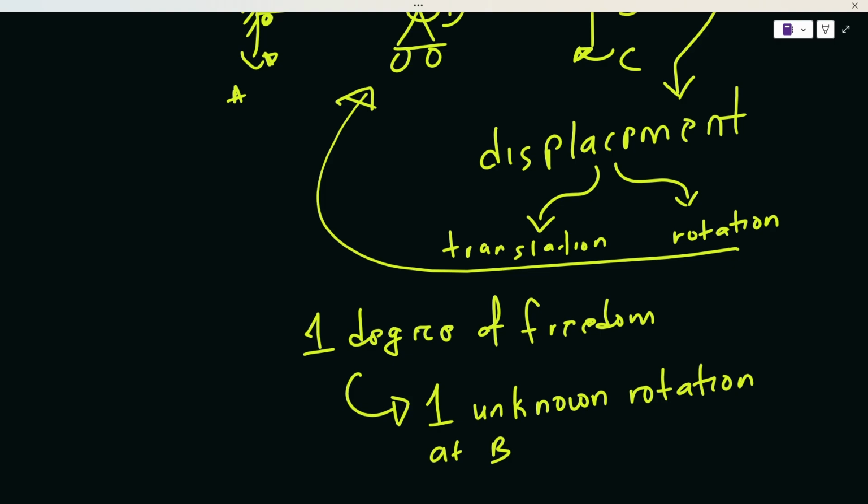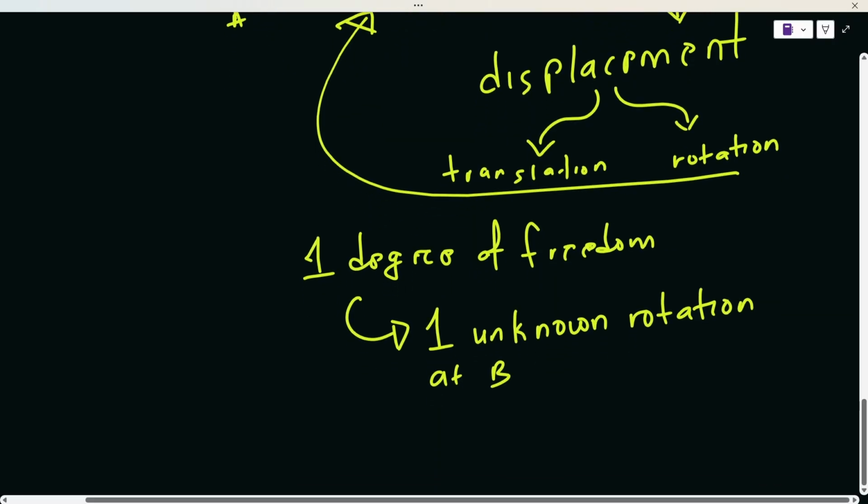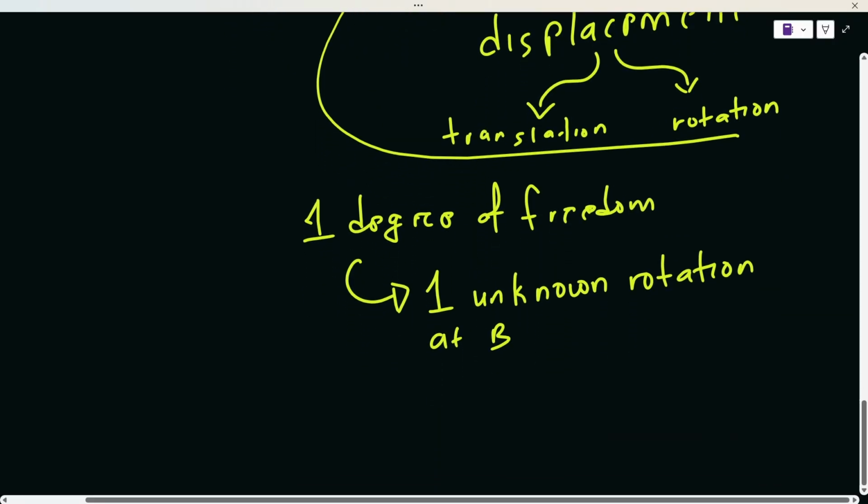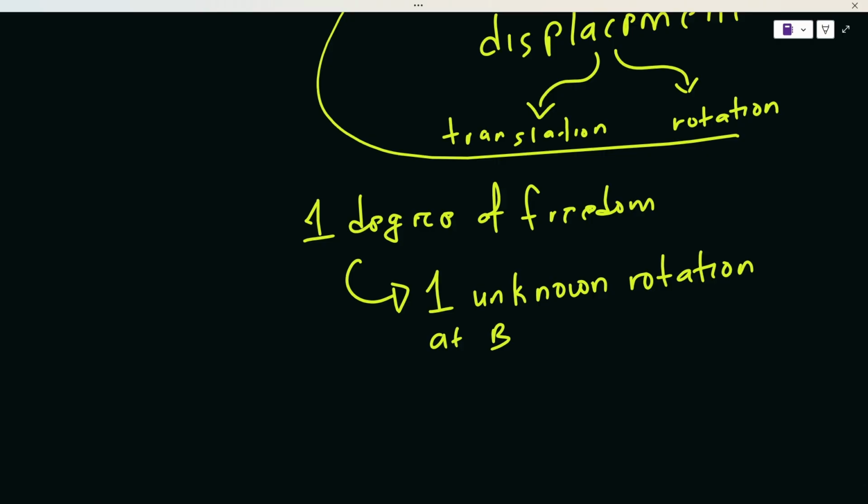Because it has 1 unknown rotation at B. That is just it. And now, when we say something has degree of freedom, we can say that it is kinematically indeterminate.